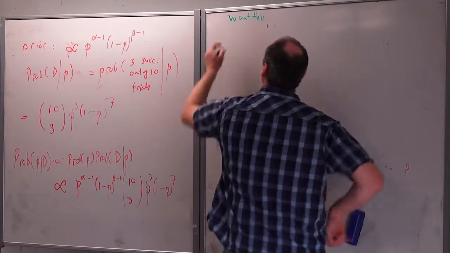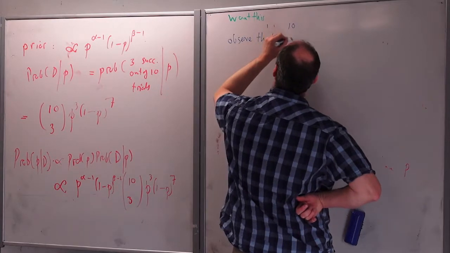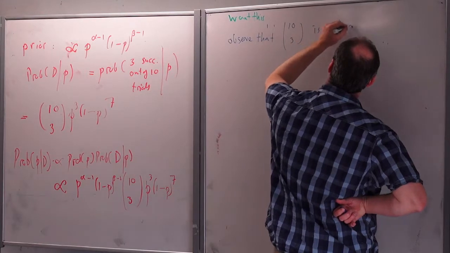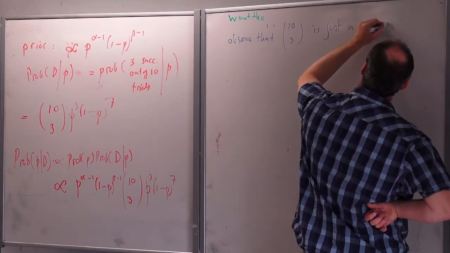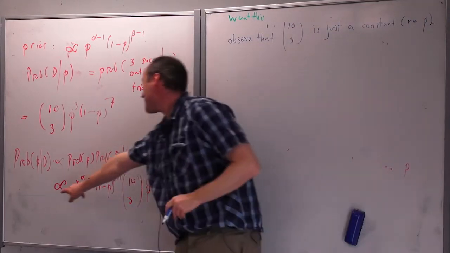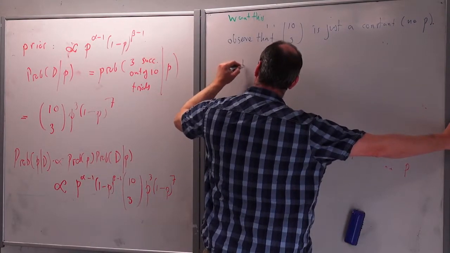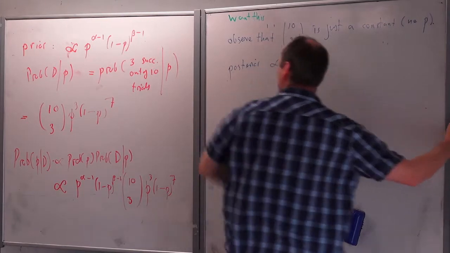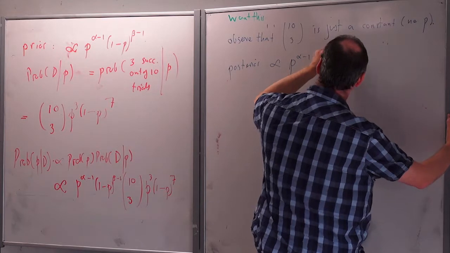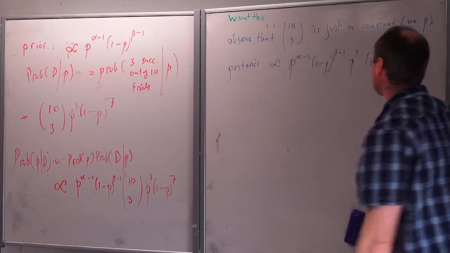And now I'm going to observe 10 choose 3, which is just a constant, because there's no p in it. And because I'm only considering proportionality, I'm just going to drop that. So the posterior is proportional to p to the alpha minus 1, 1 minus p to beta minus 1, p cubed, 1 minus p to the 7.